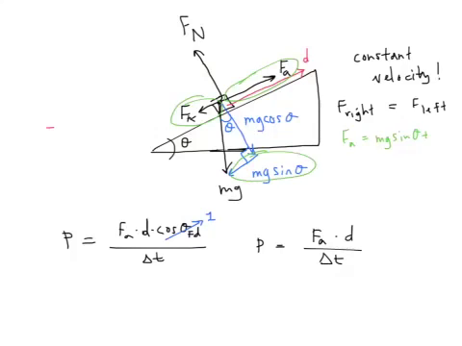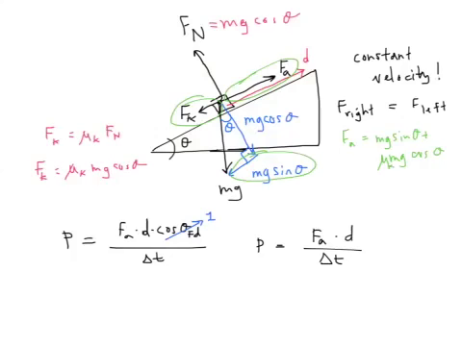We can find what that equals. It's always mu times Fn. And of course the normal force balances with the tilted y component of gravity, mg cosine theta. So the friction is mu times mg cosine theta, where theta is the ramp angle, right?